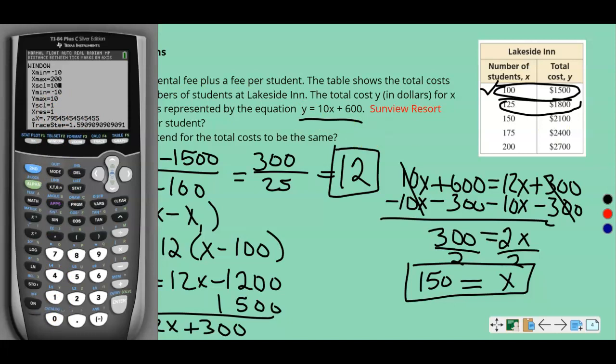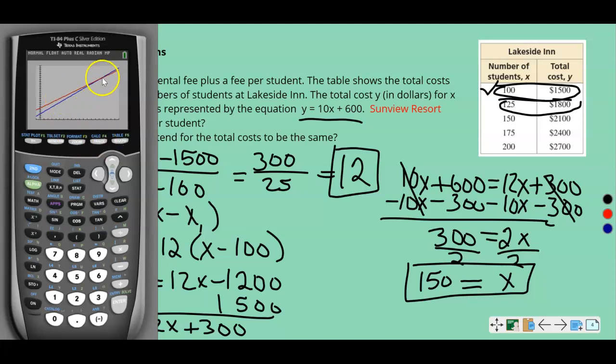And our y's go up past 2,700. So let's change our y maximum to 2,800. I'm just choosing a number slightly bigger, and I'm going to make a scale of 100 for that one as well. I make the number slightly bigger in the window because I want to see the intersection point.